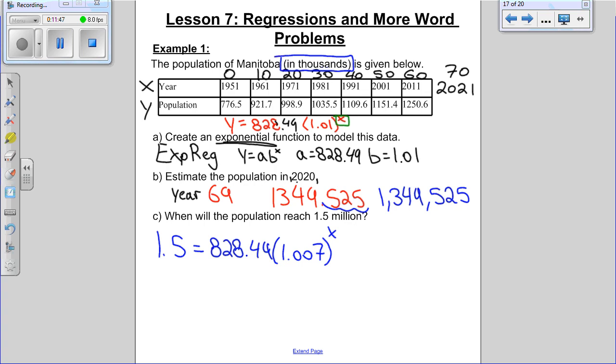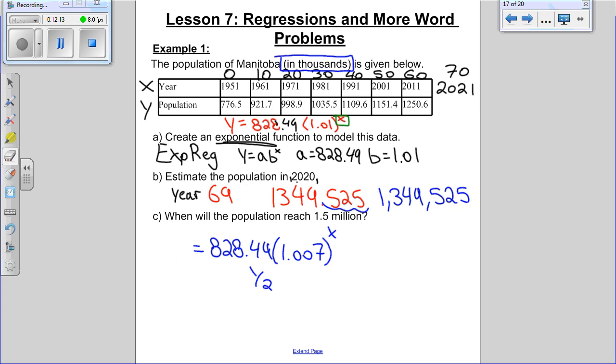This one's Y2. 1.5 million is not going to be 1.5. What's it going to be? If I graph 1.5, that's not going to work. 15 closer. 1,500 would be the right thing.